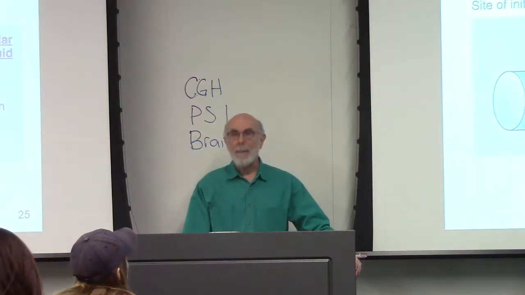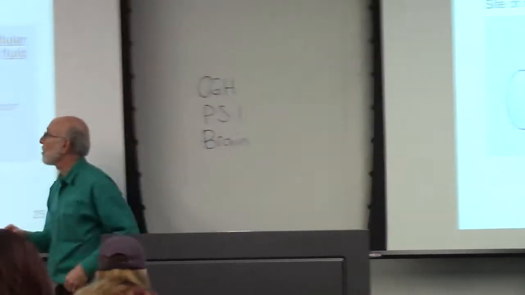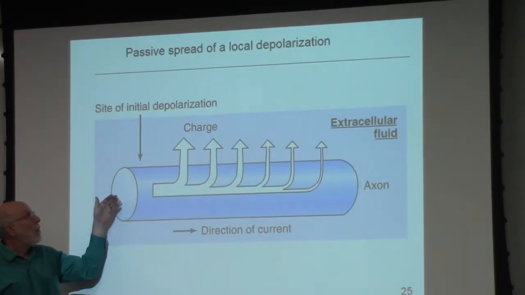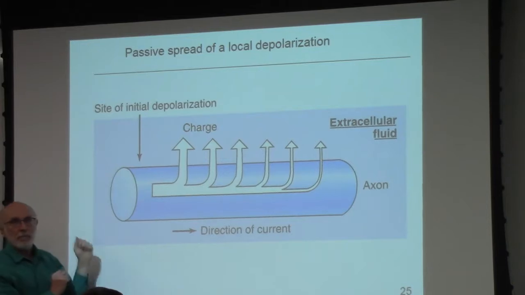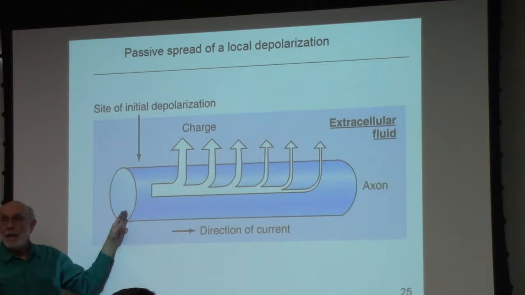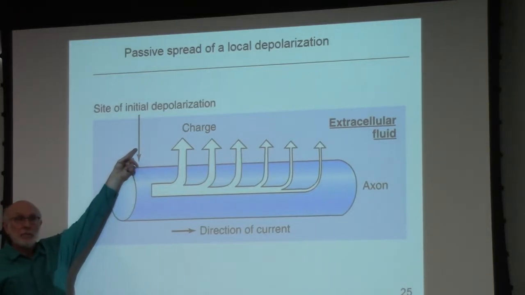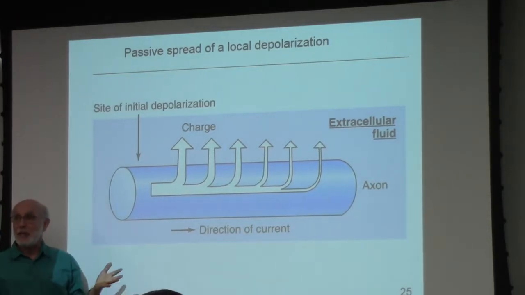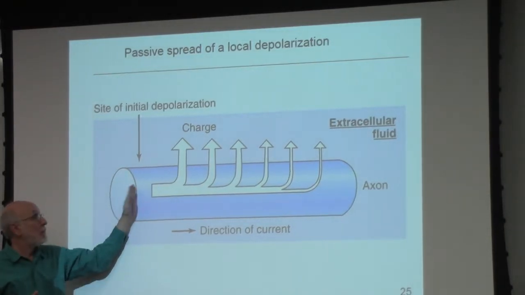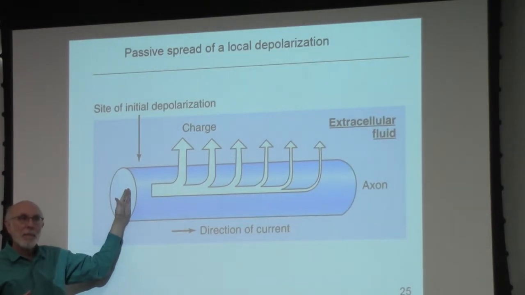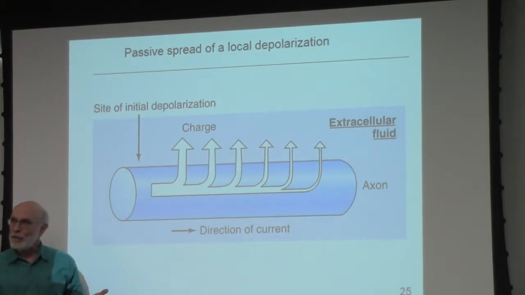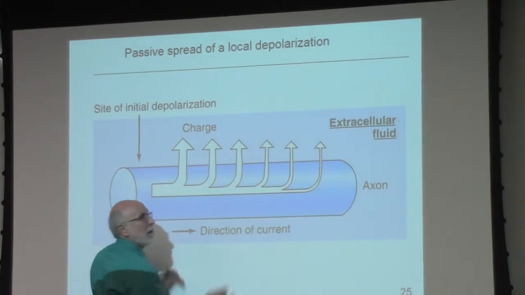What I want to end with is this. This is supposed to be an axon. Let's say this is a node of Ranvier. Let's say during an action potential, sodium has flowed in. That's what caused the action potential to be here. And remember, when ions flow in, they don't just stay where they are. They diffuse down the axon.